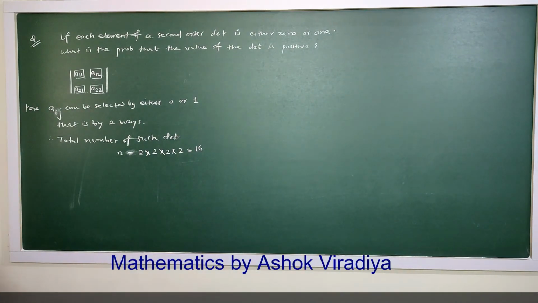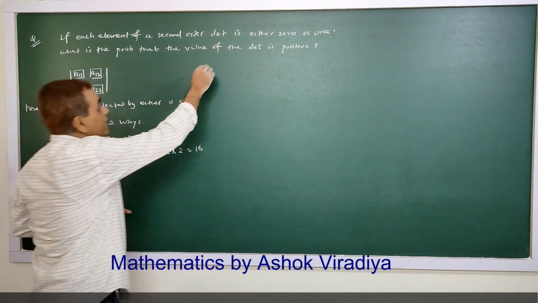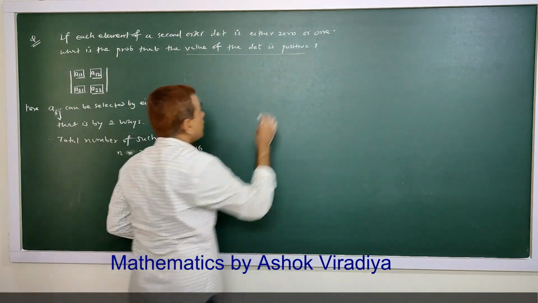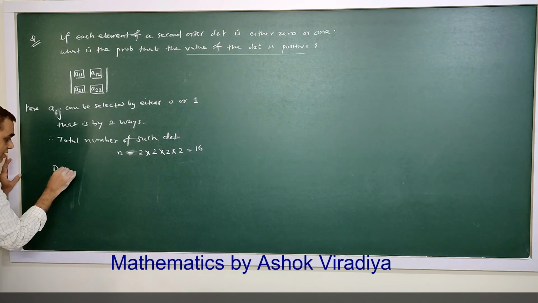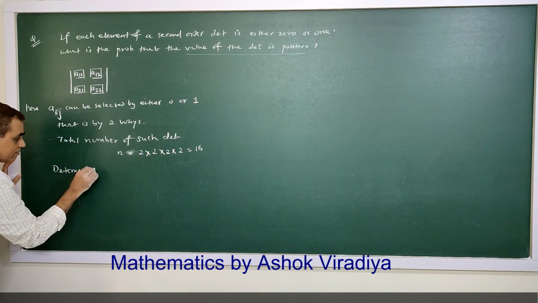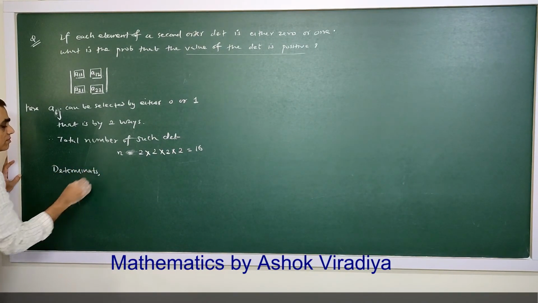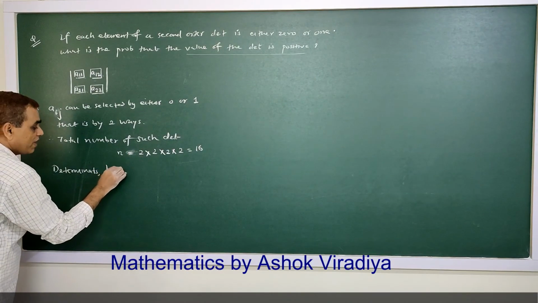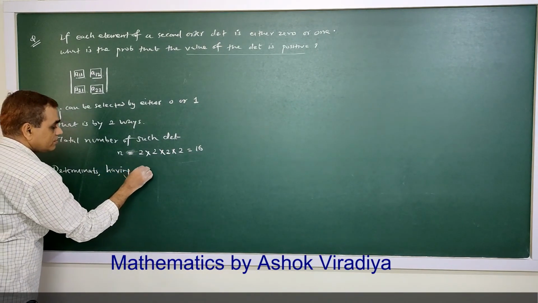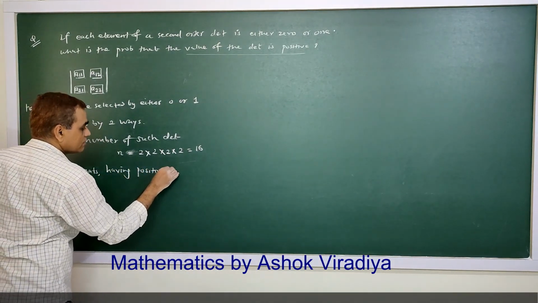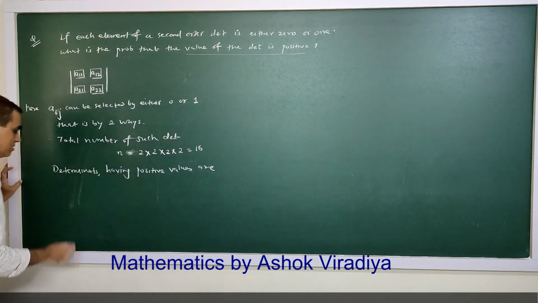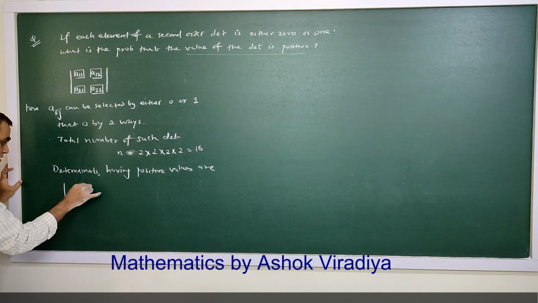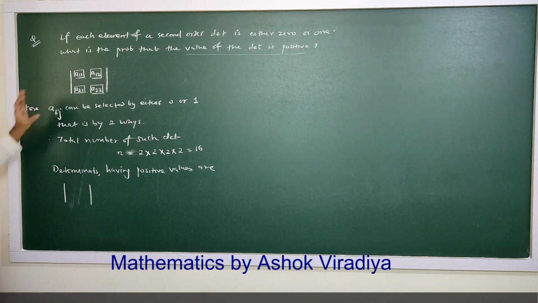Now we want the probability that the value of a determinant is positive. So the determinants having a positive value are, let me think, all such determinants from this collection.